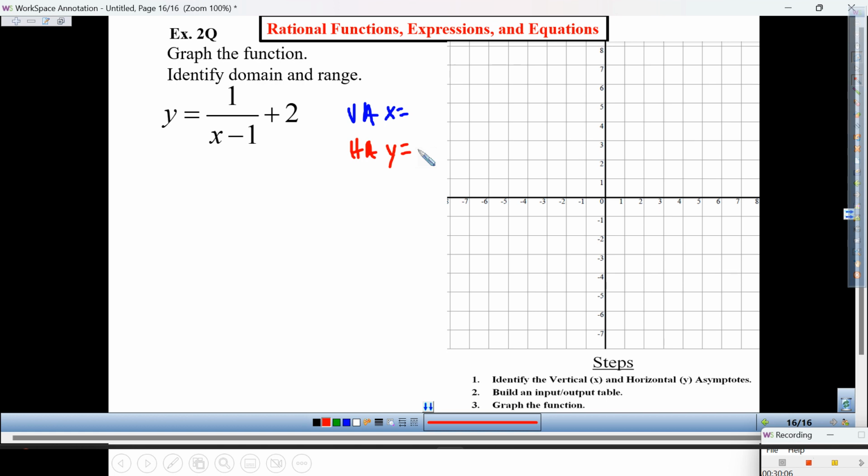With that said, tell your neighbor what x equals and what y equals. X equals 1 and y equals 2. That is correct. So y equals 2 is right here. X equals 1, which is right here.